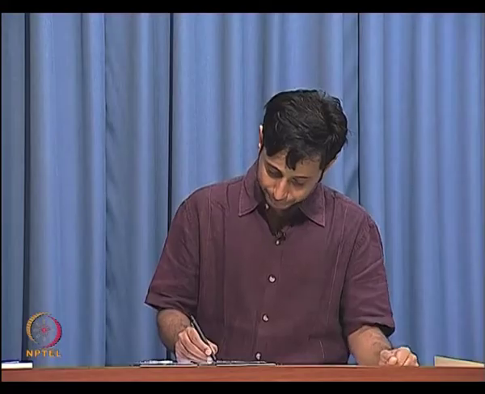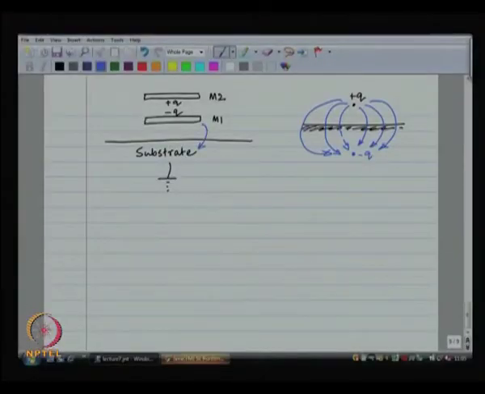You put a sheet of charges, you will get a sheet of charges in the bottom. So, basically you are going to get a capacitance between M1 and the ground plane. Ground plane is a plate, M1 is a plate, you have got a capacitance between M1 and the ground plane, right.